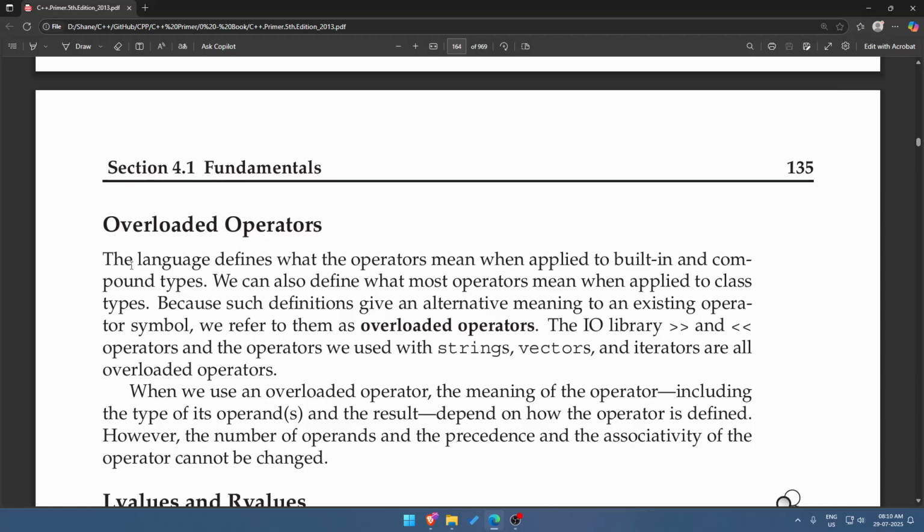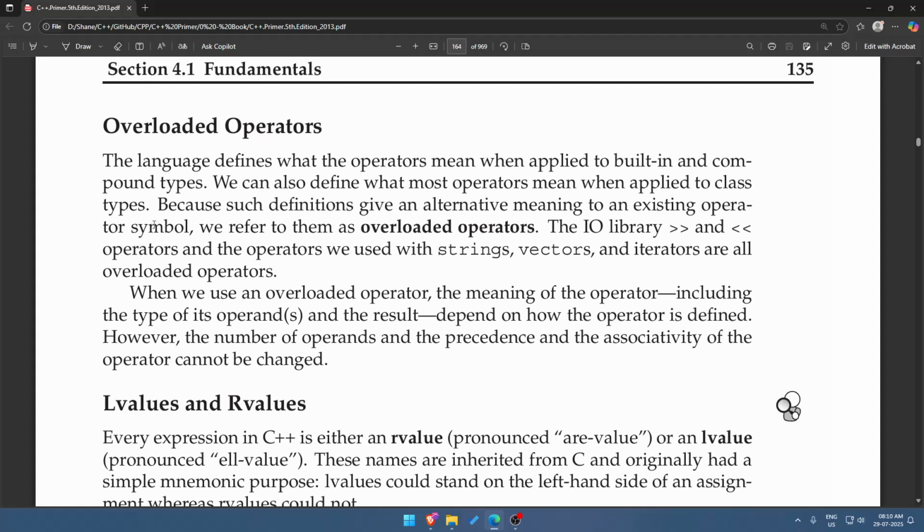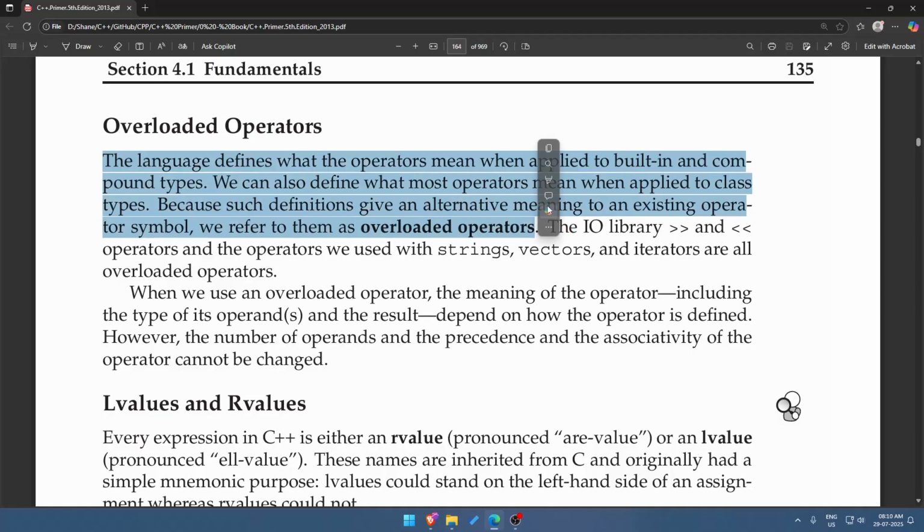Overloaded operators. The language defines what the operators mean when applied to built-in and compound types. We can also define what most operators mean when applied to a class type. Because such definitions give an alternative meaning to an existing operator symbol, we refer to them as overloaded operators.